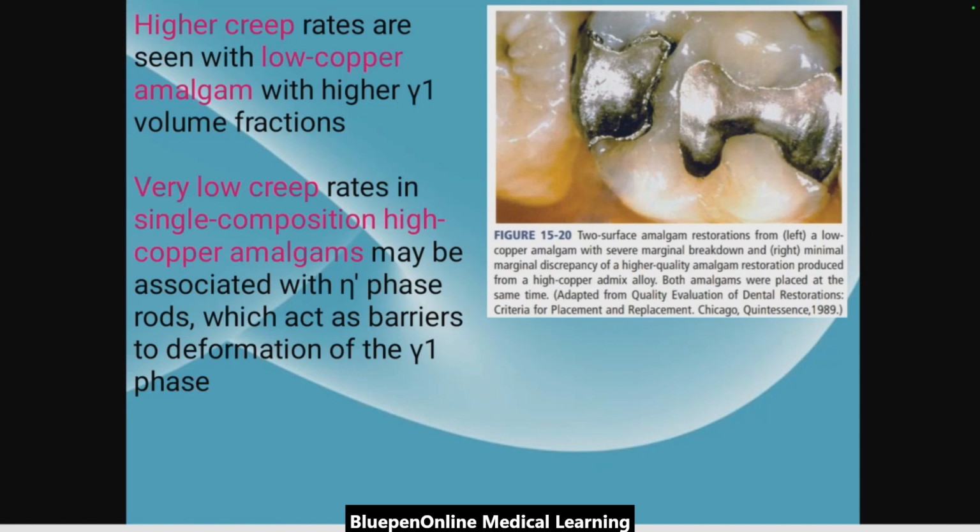So that's the reason why single composition high copper amalgam will have very low creep. There is no eta phase in low copper amalgam. That's why these particles of gamma 1 phase are not interlocked with each other, and they will deform under stress over a period of time.